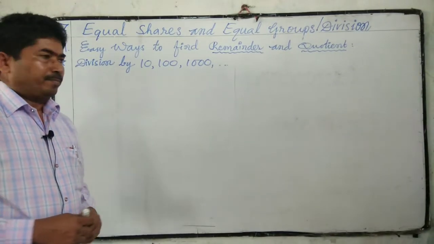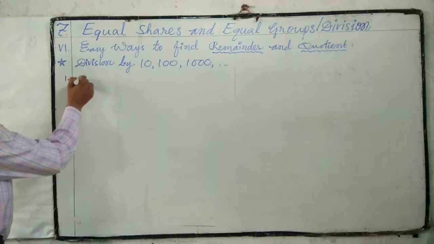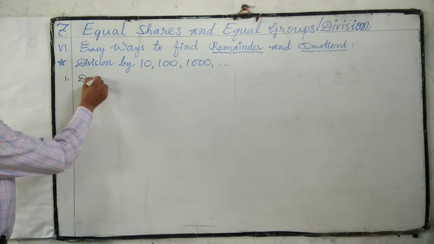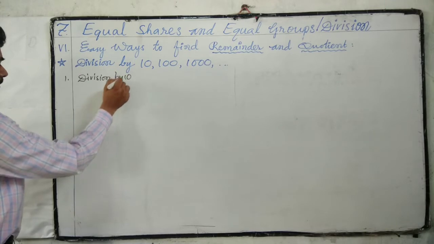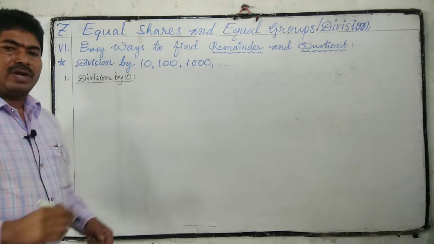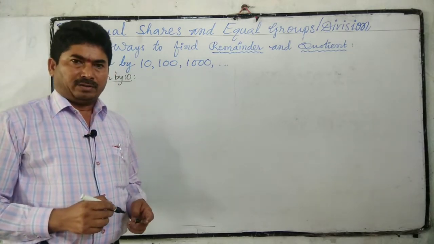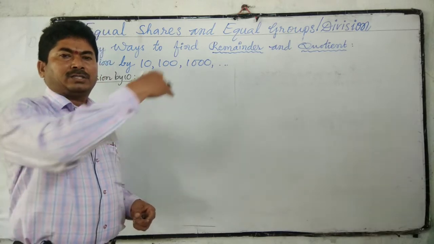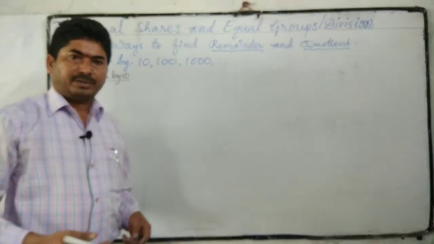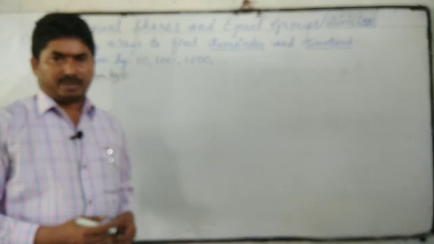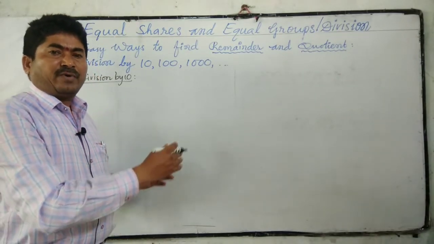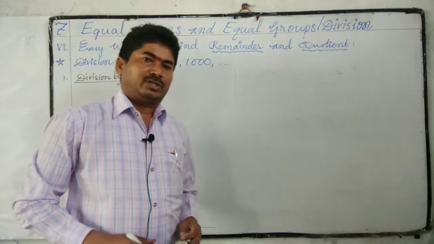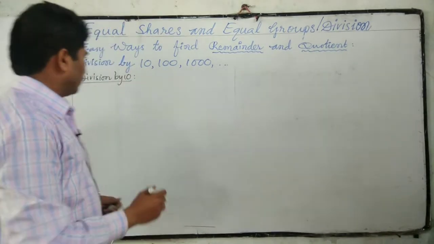Division by 10: when a number is divided by 10, the last digit is the remainder, and the number formed by the remaining digits is the quotient.